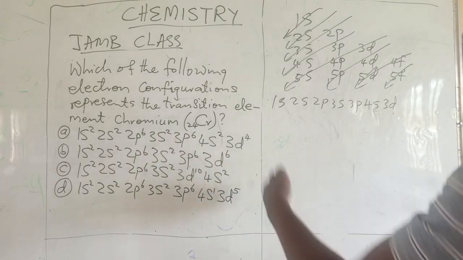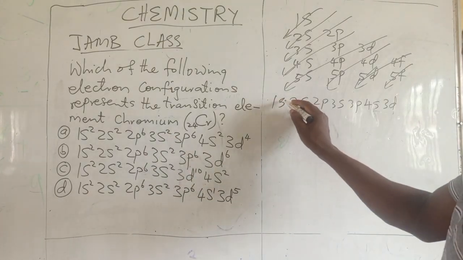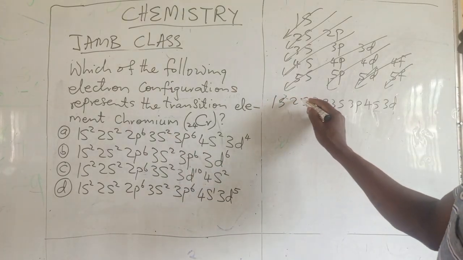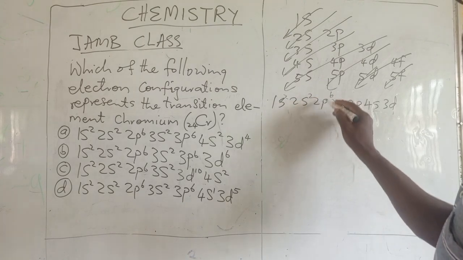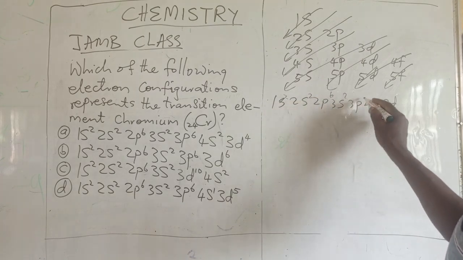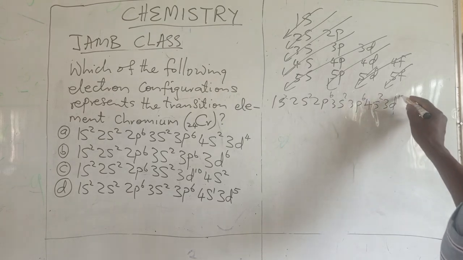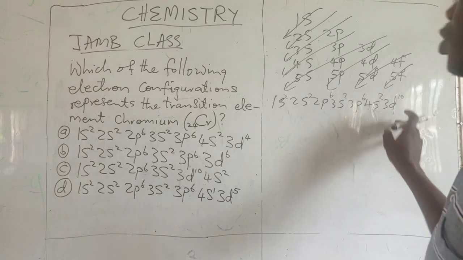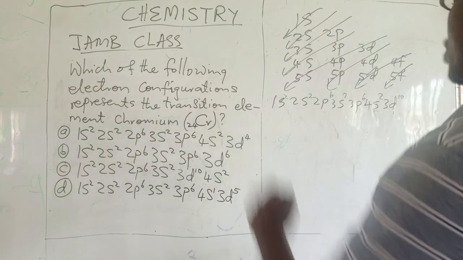That's the arrangement. Now you check: this can carry a maximum of 2, this a maximum of 2, this a maximum of 6, this 2, this 6, 2, and 10. By the time you finish up to this point, you get chromium inside.